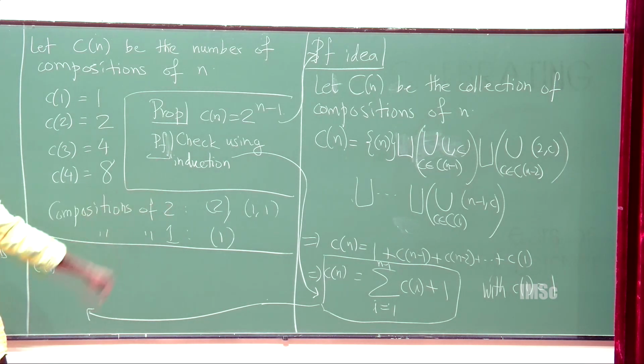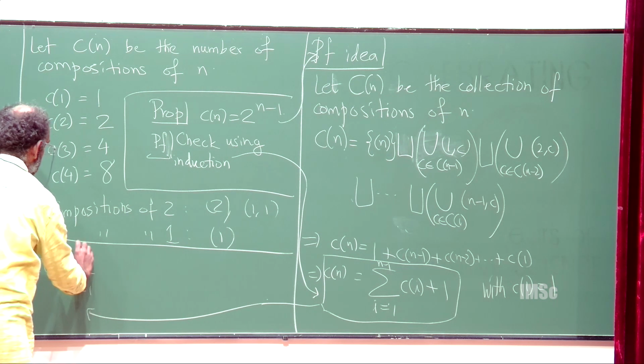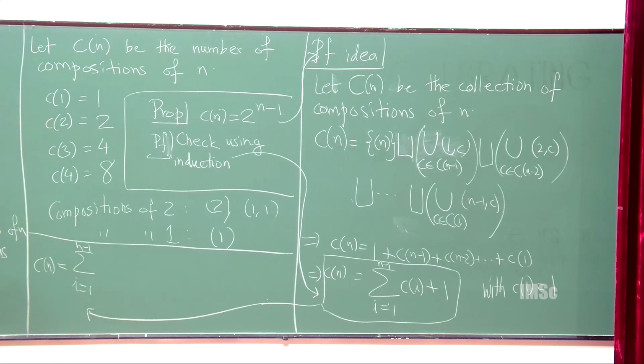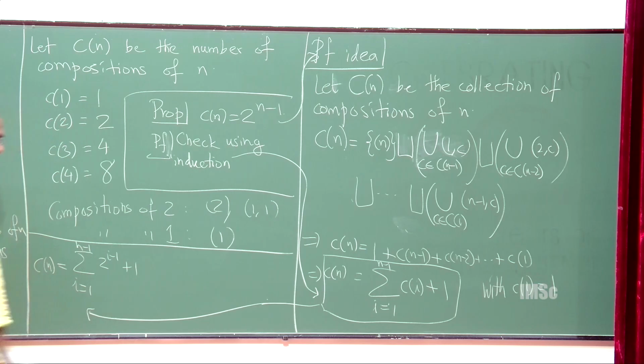Check the base case. Then you get the sum from i equals 1 to n minus 1. What is c of i? 2 to the power i minus 1, plus 1. What is this sum?